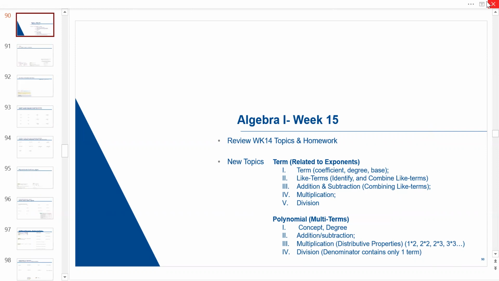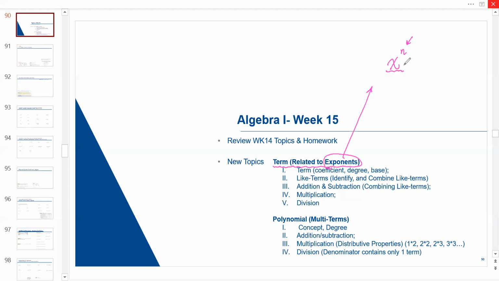Actually, this term is just given a different name here. It's very close to exponent. In the exponent part we focus on, say, x to a power. This is the exponent.